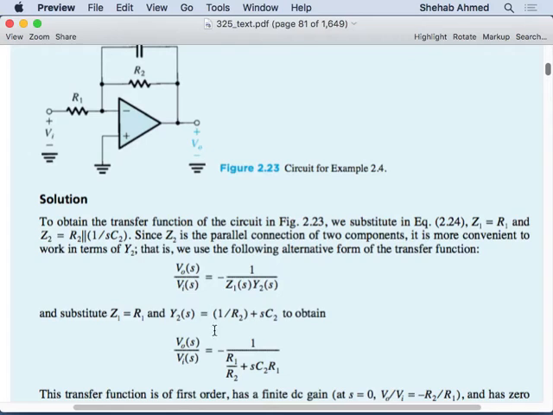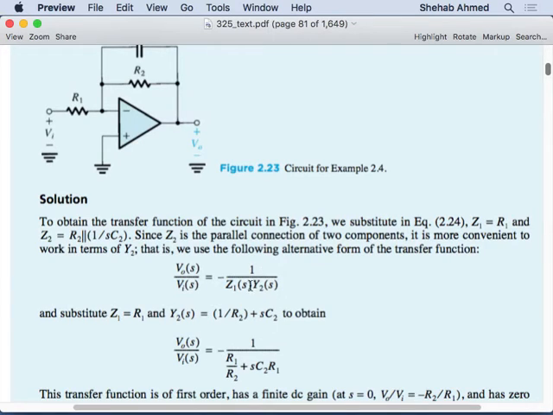So the Y2 was originally 1 over R2 plus SC2. So they put that here, multiplied by Z1, which is R1. They multiplied by R1 here, right?